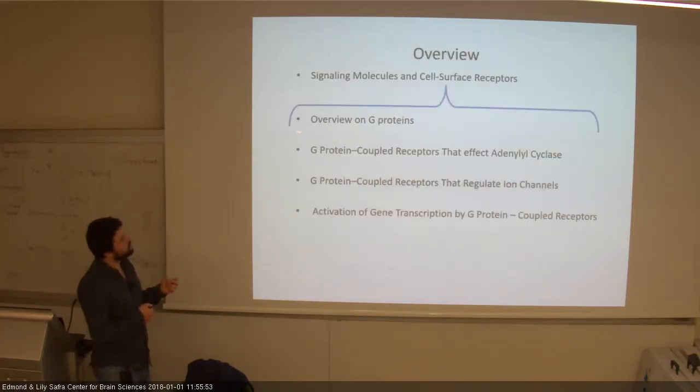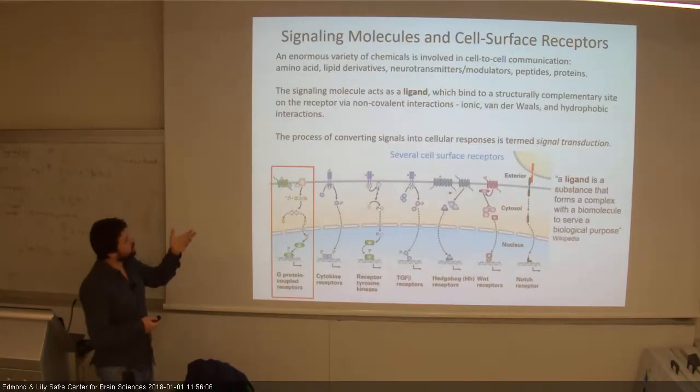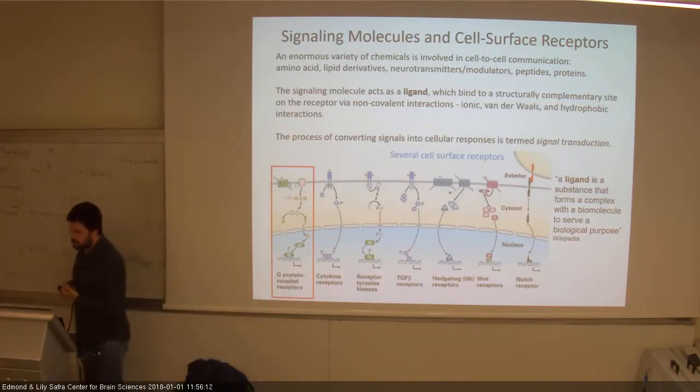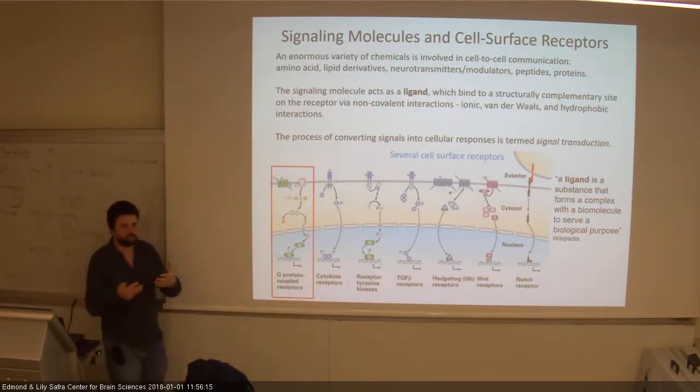And we started this chapter with an overview of signaling molecules and cell surface receptors. In more simple terms, cellular signaling is just, in other words, cellular communication.